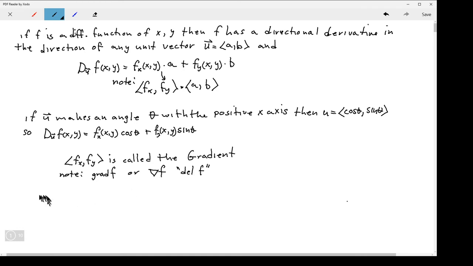So we can pull a definition out of this. I'll do that before I move the board up.